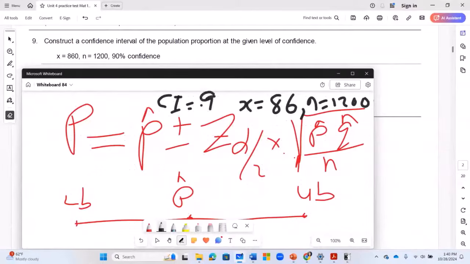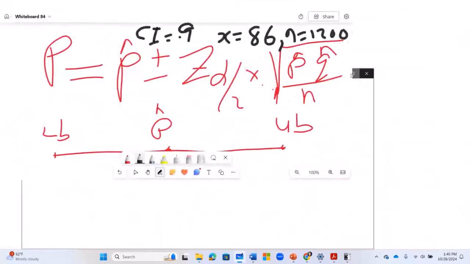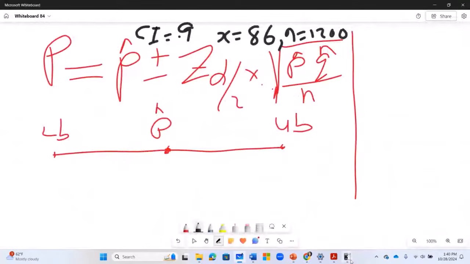Everything is given, so I'll quickly use my calculator to find the confidence interval for proportion.